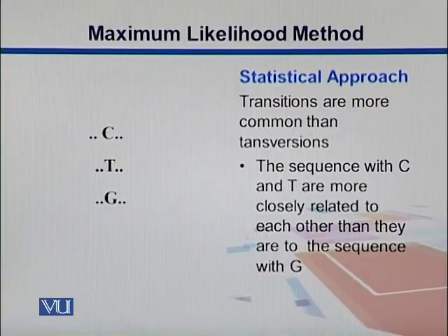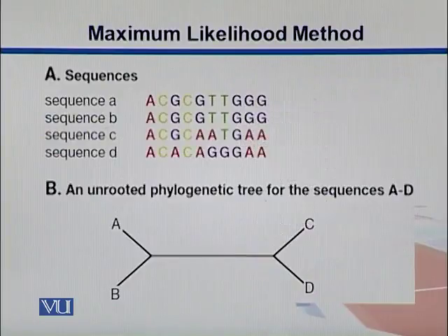The sequences with C and T are more closely related to each other than they are to the sequence with G. Where we see those transitions, the most likely scenario is that there are more transitions than transversions. So those sequences where we have C and T are more correlated with one another. In this way, we are incorporating the probabilities related to transitions and transversions.